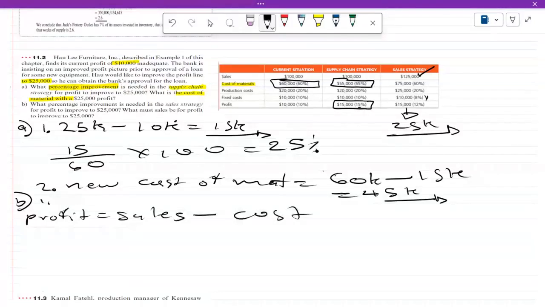Then your sales at the current moment is 100K. We want to reach a steady stage whereby it's 25K this side, right?